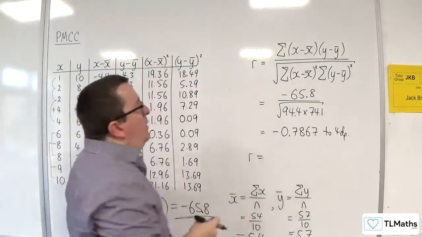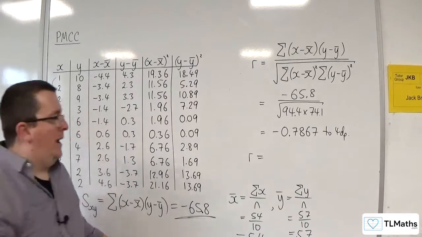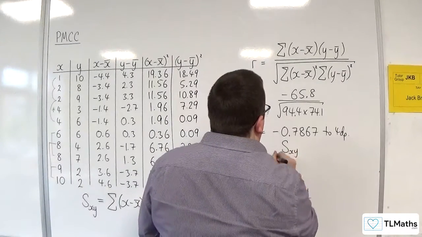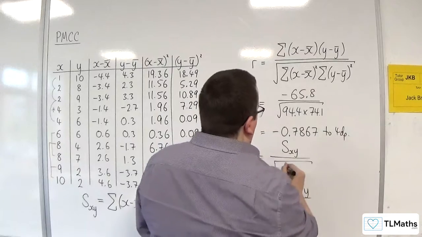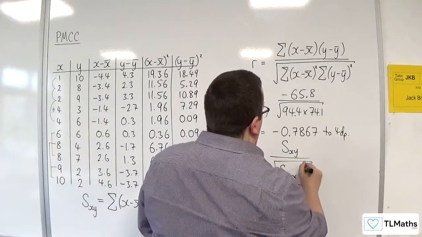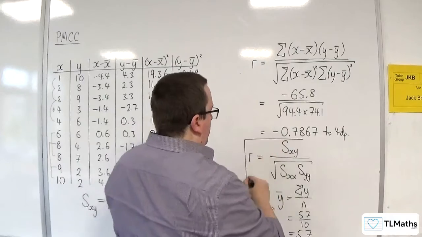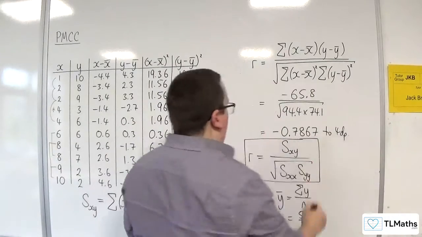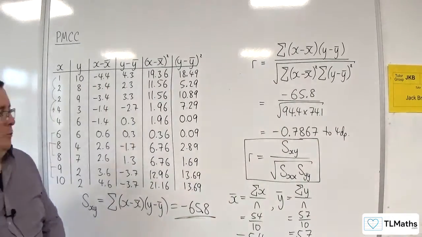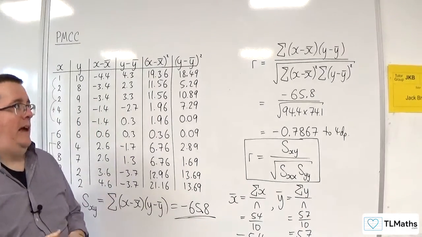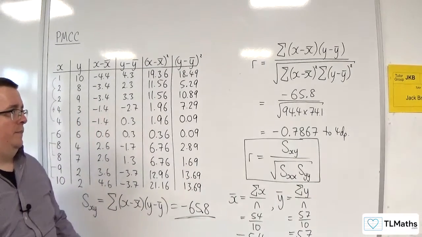For the sum of x take away x bar squared, that is Sxx. So we have Sxy in the numerator over the square root of Sxx times by Syy. Okay, and that is my formula for the product moment correlation coefficient, and that is how it can be calculated.